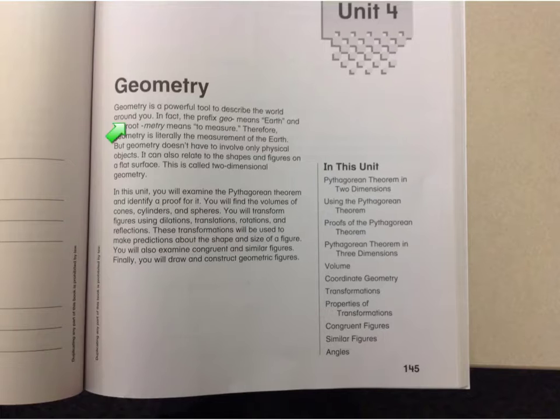Okay, here we go. Geometry is the unit we've been working on. It basically means to measure, and therefore geometry is literally the measurement of the earth. In this unit, we'll be examining the Pythagorean theorem. So your next assessment for this class is going to be on the Pythagorean theorem.